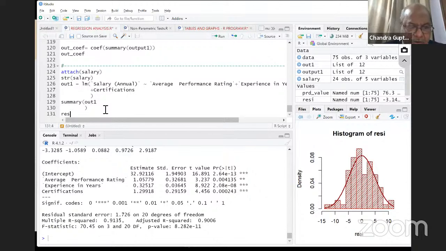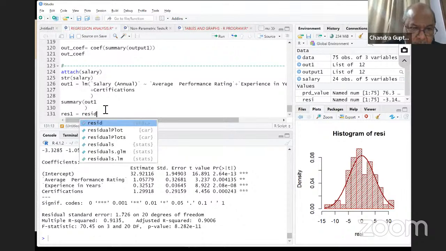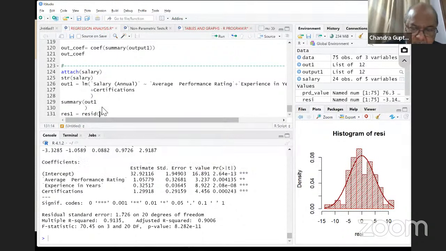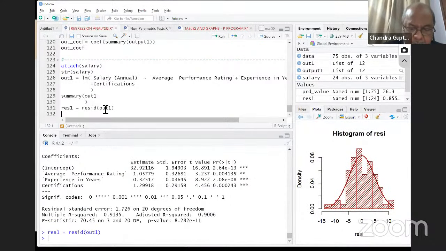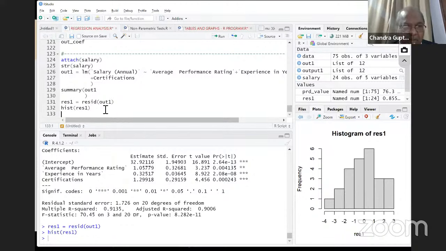So I say res1 is equal to resid of out1. Then I can make the histogram of res1, and that's the histogram of it.